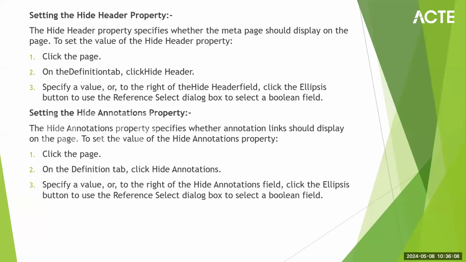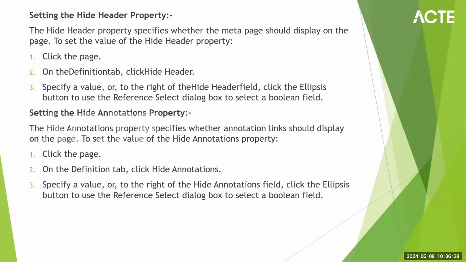The hide header property specifies whether the meta page should be displayed on the page. To set the value of the hide header property, click on the page, on the definition tab, click hide header. Specify a value if you have any particular condition or value, or else you can map the respective field which already exists in the manuscript for this particular condition.